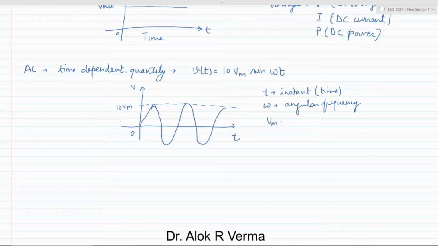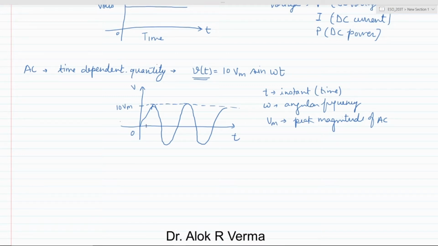The Vm is the peak magnitude of an AC signal, and this v(t), which is a function of time, is an instantaneous voltage.